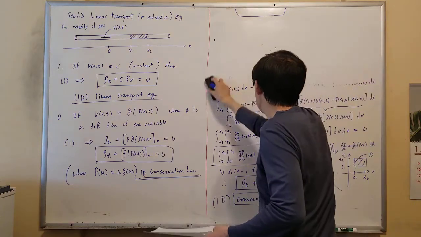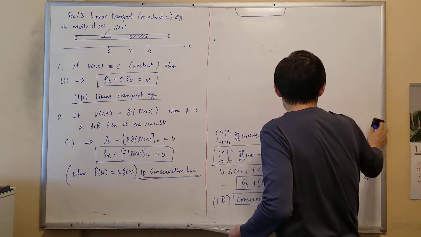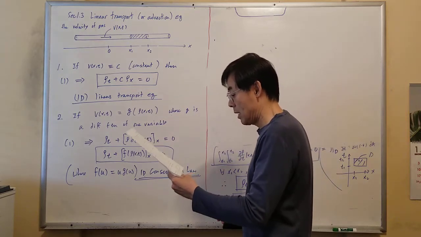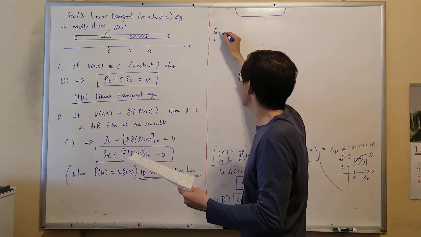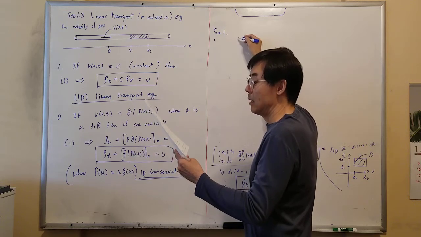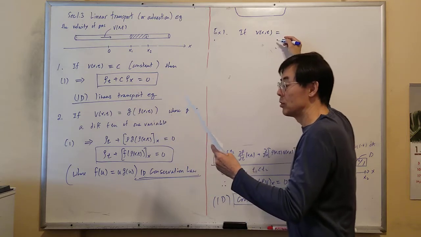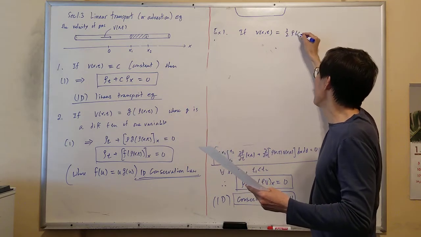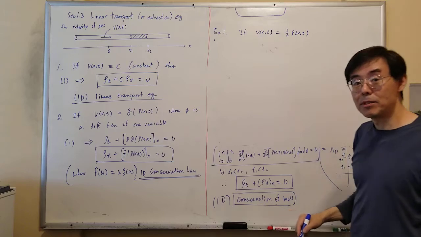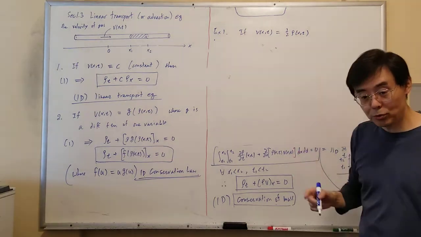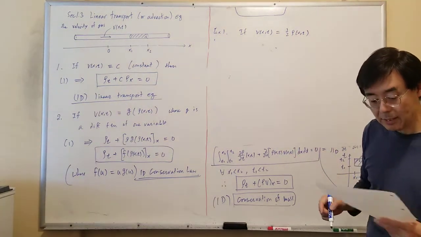Example 1. Let's say your v of x, t equals 1/2 of rho, so that means your velocity is proportional to the density, a linear density.